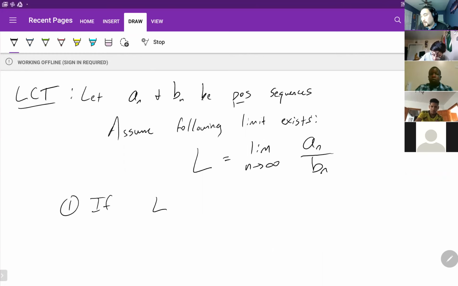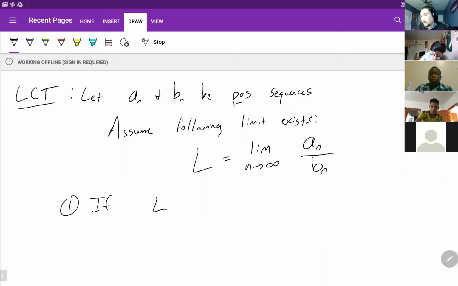So if L is between 0 and infinity, meaning if L is finite, you get a number. Then the sum of A sub n converges if and only if the sum of B sub n converges. I don't like the wording of this.